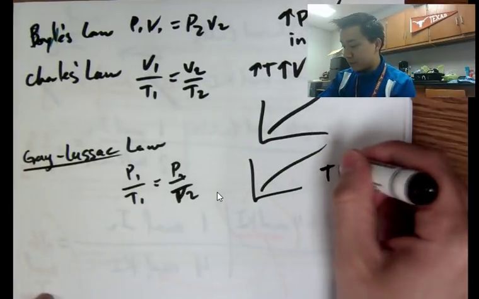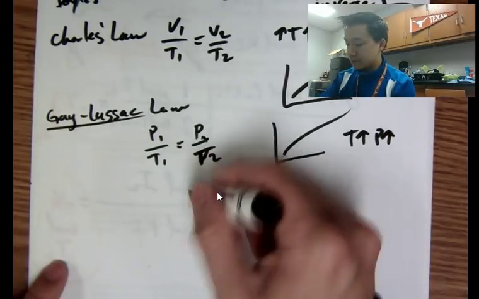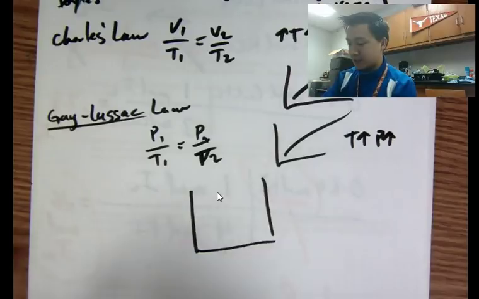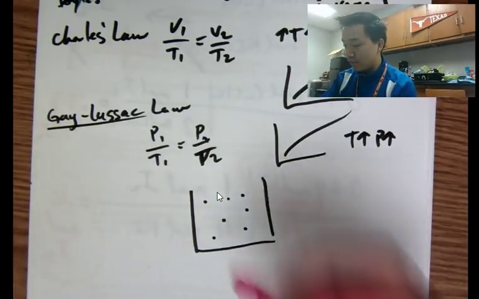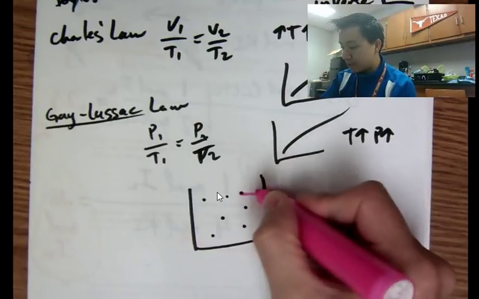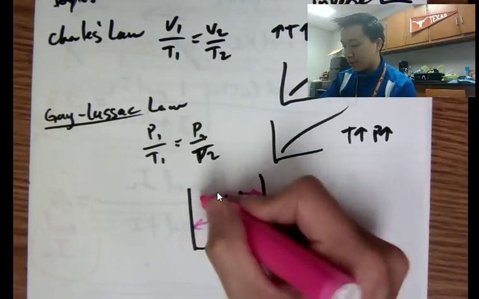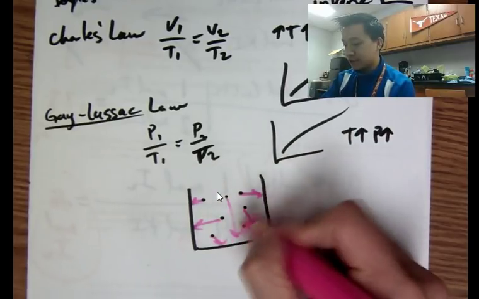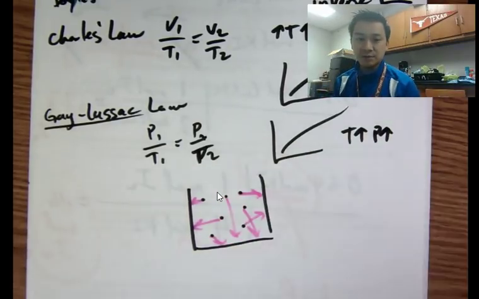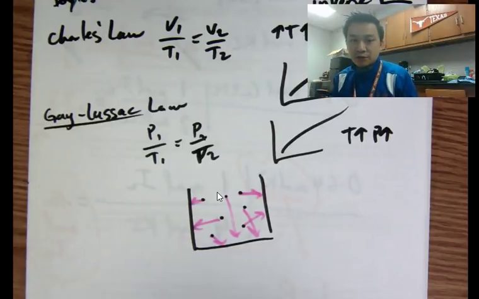Because remember, temperature makes these molecules move faster. If they move faster, they bump into the walls more often, creating more force against the wall, therefore higher pressure. So they just keep bouncing off these walls. Temperature goes up, pressure goes up.